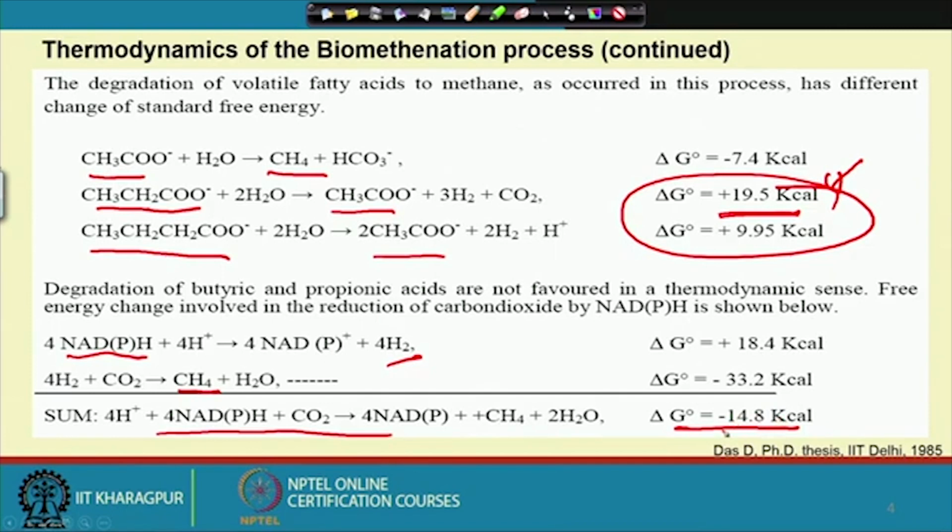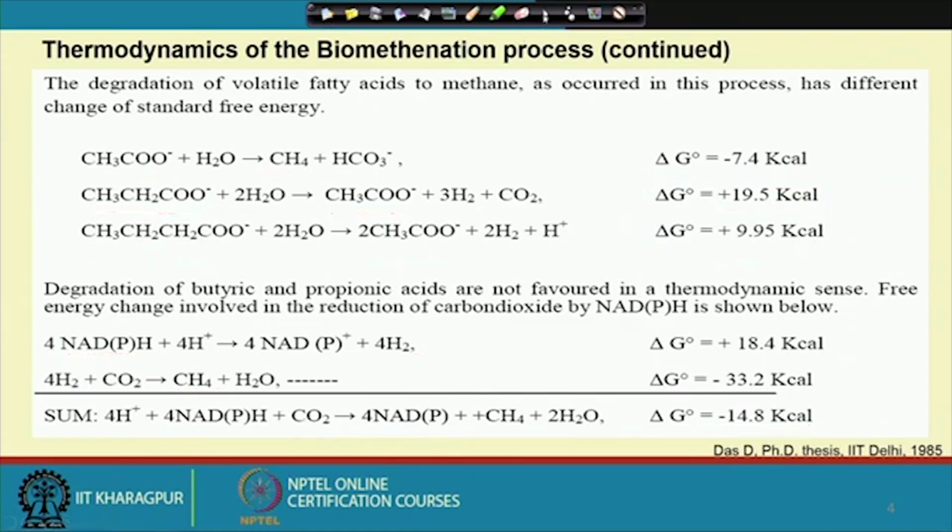If you compare this with the previous result, you will find this reaction is favorable as compared to that reaction. This is how we can determine thermodynamically which reaction is favorable and which reaction is unfavorable.